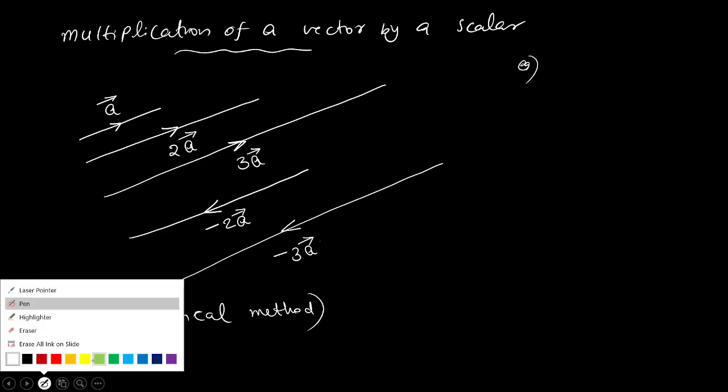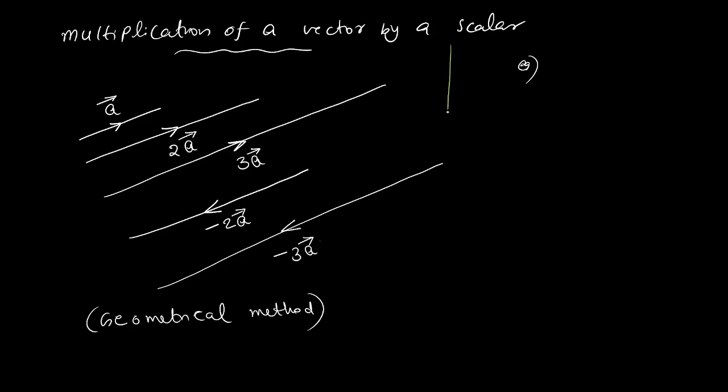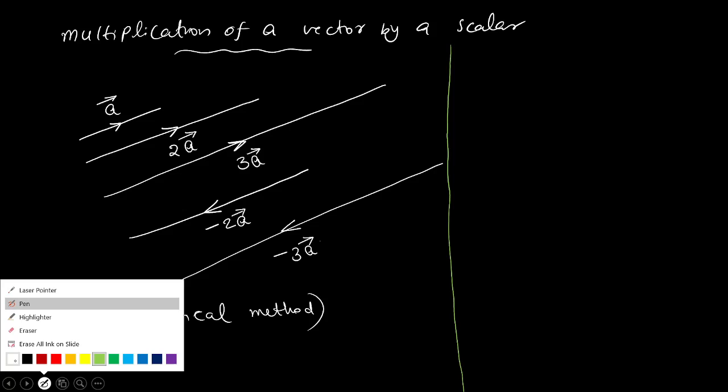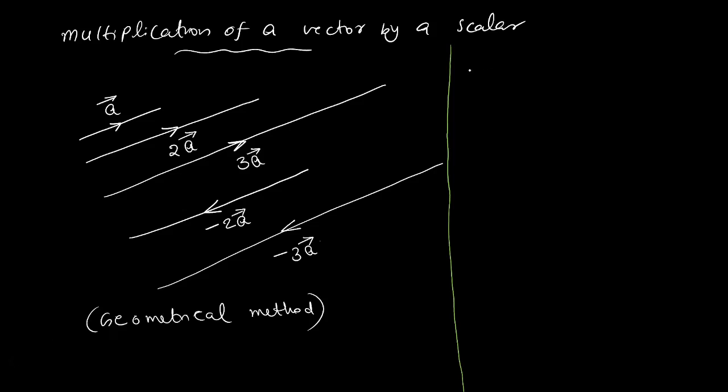But listen, if the vectors are given in terms of ijk, this kind of diagram is not required. For example, a equal to 2i plus 3j plus 6k is the displacement vector of a helicopter. Another helicopter moves 2 times the displacement traveled by the first helicopter in the same direction.